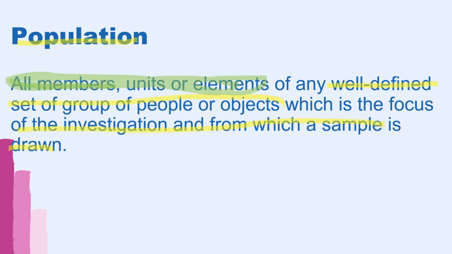So do not just assume that because you are studying student nurses, your population is all student nurses. It depends on the context of your research. For example, if I want to study student nurses who are already parents, my study population is student nurses who are already parents. It does not mean it will be all the student nurses. Again, it depends on your study.